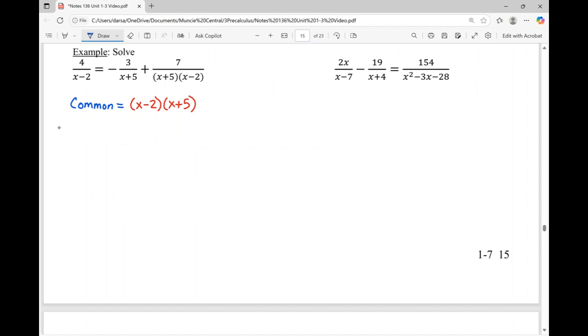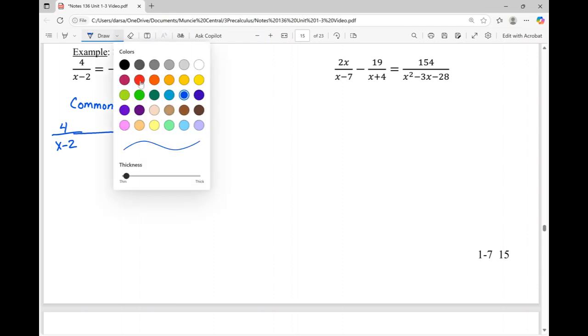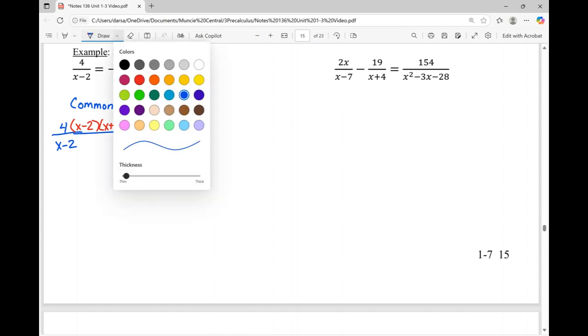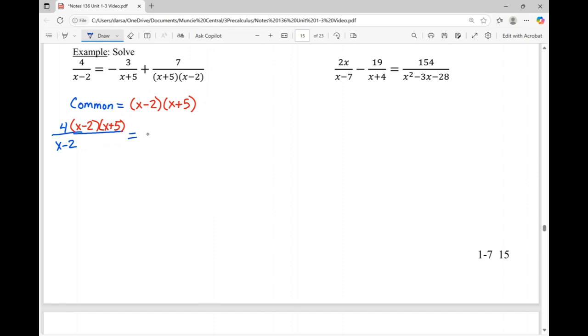So if I take 4 over x minus 2 and I multiply it by that common denominator, then the common denominator multiplication ends up in the numerator. So we're going to get that. And then this will equal the second fraction. And I'm going to, again, see this little negative. You've got to decide, where does it go? Well, we're going to put it in the top, so the bottom is the same as everything else. So we have a negative 3 over an x plus 5.